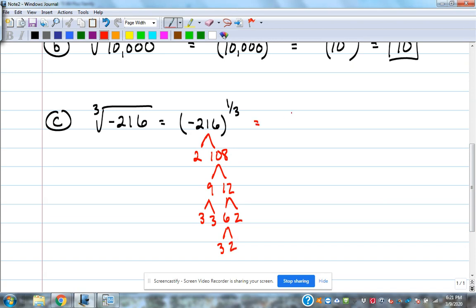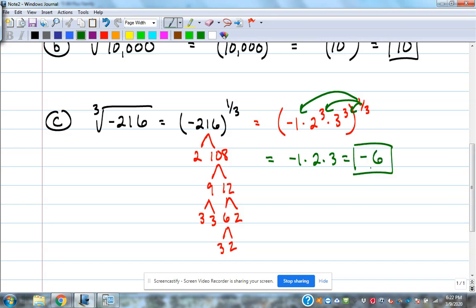So negative 216 is negative 1 times 2 cubed times 3 cubed. I'm going to distribute that 1/3. So I get negative 1 times 2 times 3, which is negative 6, out of that.